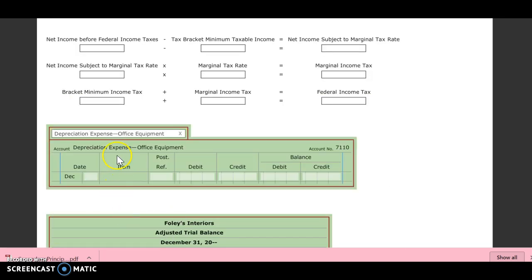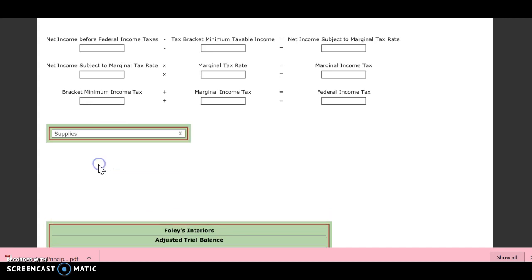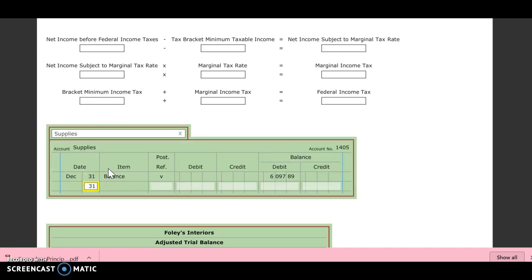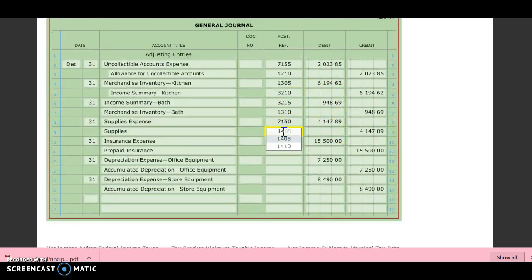Supplies. Credit of 4,147.89. Find our new balance. $1,950. 1405.